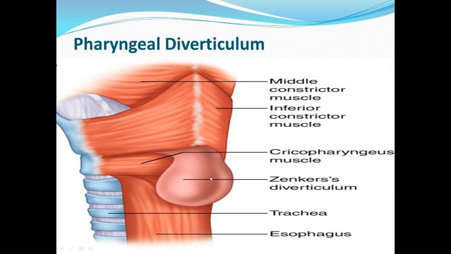The basic reason for formation of this diverticula is that the cricopharyngeus muscle has the sphincteric function.